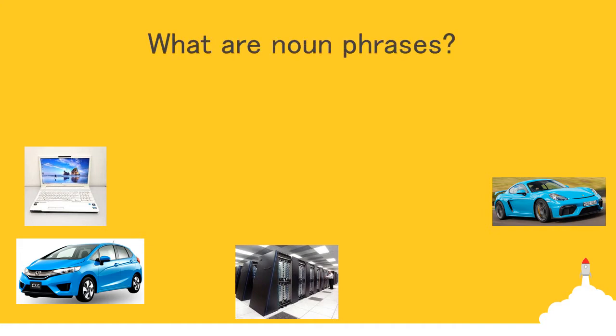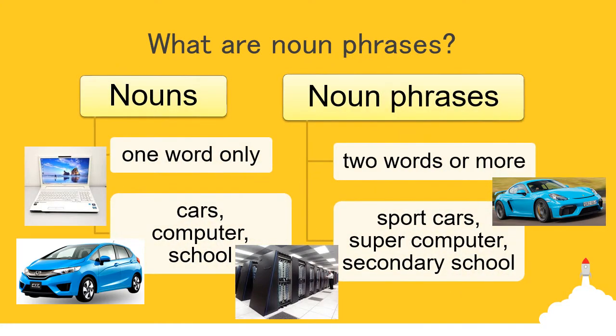After having a revision of the concept of nouns, we should now go to noun phrases. Noun phrases are quite easy to understand and remember. They have the same function as nouns in a sentence, but they consist of at least two words.